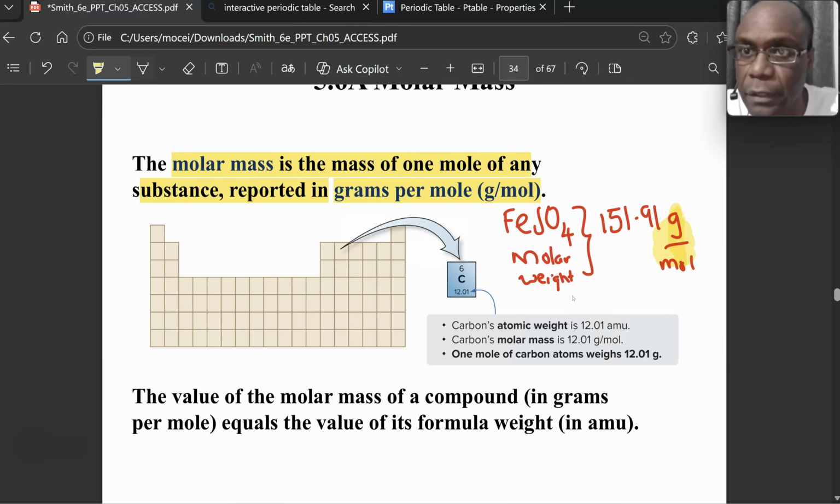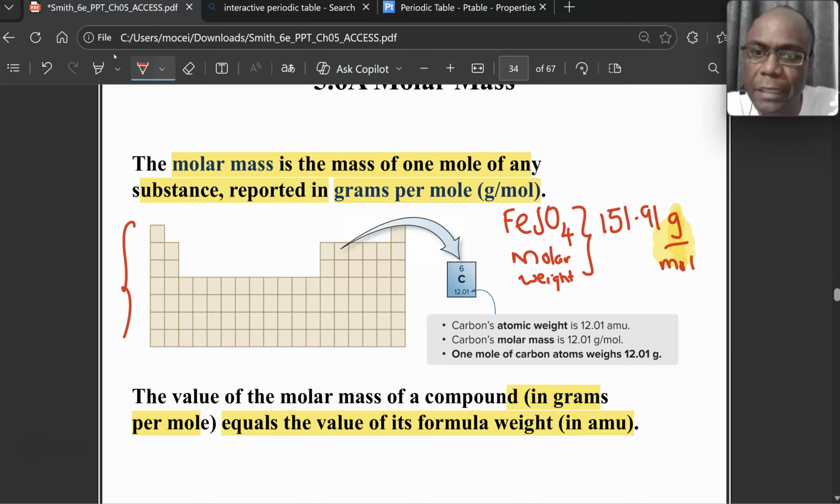Okay. The value of molar mass of a compound in grams per mole is equal to the value of its formula weight. We've determined that. Now, the periodic table here is just reminding you that when you're reading the atomic masses, go for the bigger number in the box. In this case, since this is an atom of carbon, we don't say the formula mass, we say the atomic mass.